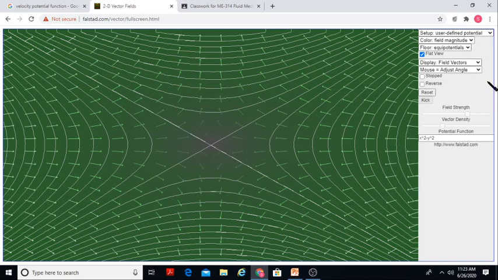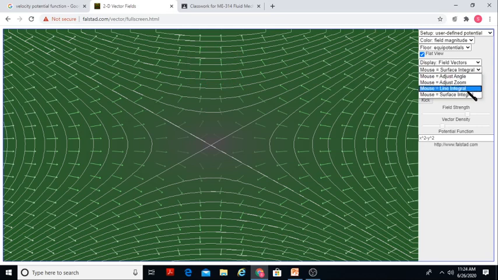We can see that in this flow, if we want to see the line integral, because it is irrotational, the vorticity is 0 and the circulation is 0 here. Even if you see it satisfying the equation for incompressibility, I mean the divergence of the velocity vector is 0, so the flux is 0.